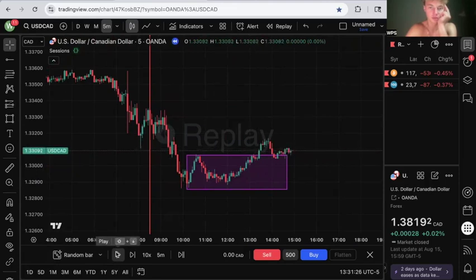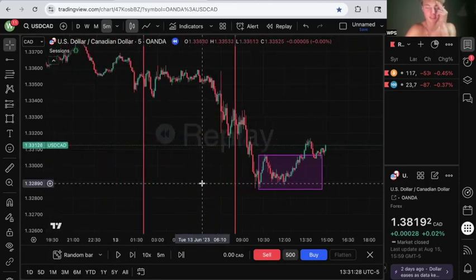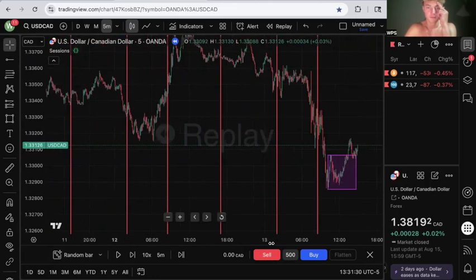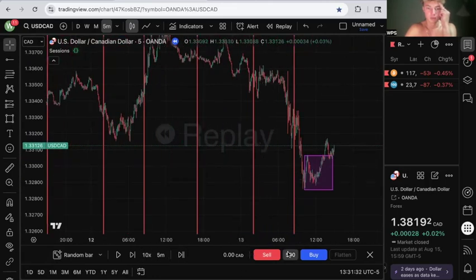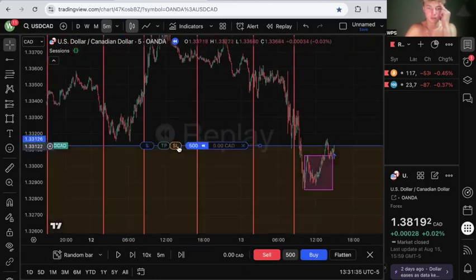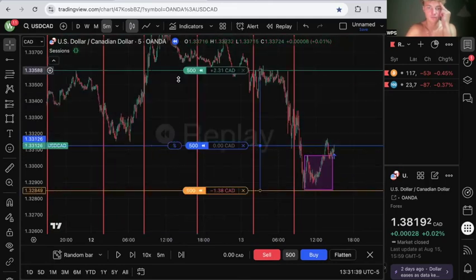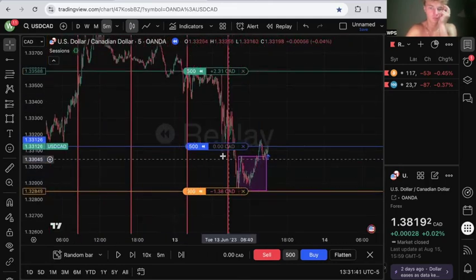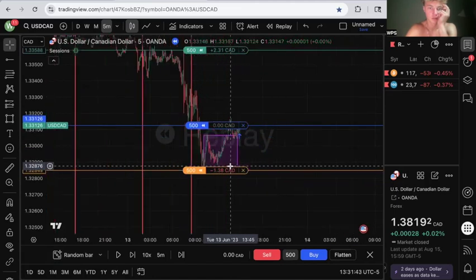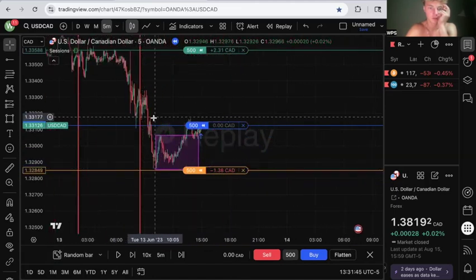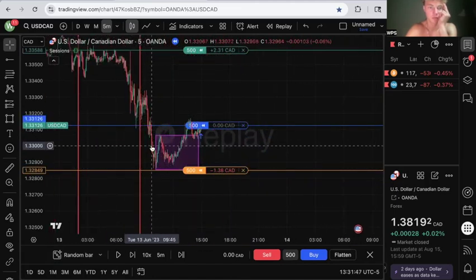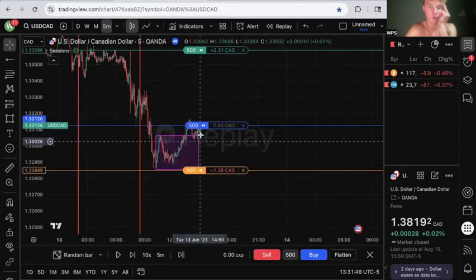It does dip in and break structure to the upside. So stop loss, take profit. Sweep or grab, liquidity sweep, order block.